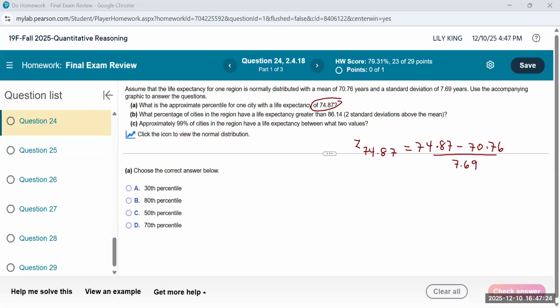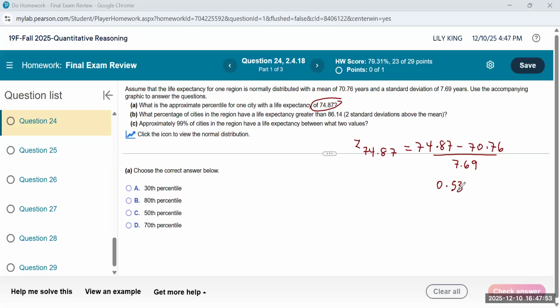And this is 0.53. Now you go to your z-score table. You will notice that with the values on this question, there is no 0.53 in the table. So with a question like this, you need to find the z-score value in the table that is closest to your calculated z-score and use its corresponding probability.